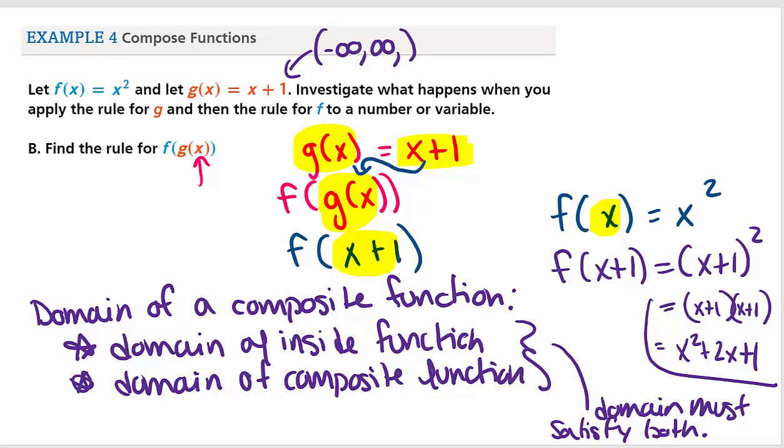Our answer is x squared plus 2x plus 1, and our domain for a quadratic is negative infinity to infinity as well. Since the domain of the inside function and the domain of the composite function are identical, it satisfies our question as our overall domain.